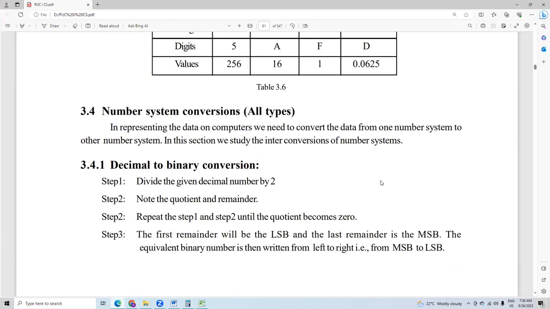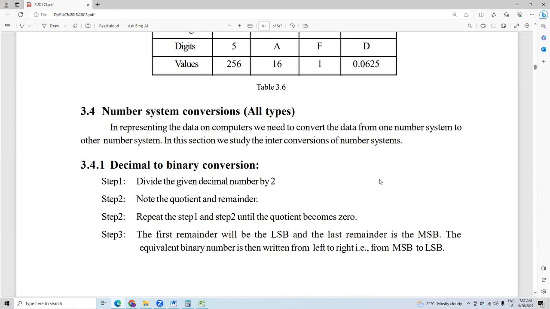Okay. So now here, number system conversion. This part is very important. How to convert a value from one number system to another number system. From binary to decimal, decimal to binary, octal to binary, binary to octal, decimal to octal, octal to decimal, like this. All the way, you should know.